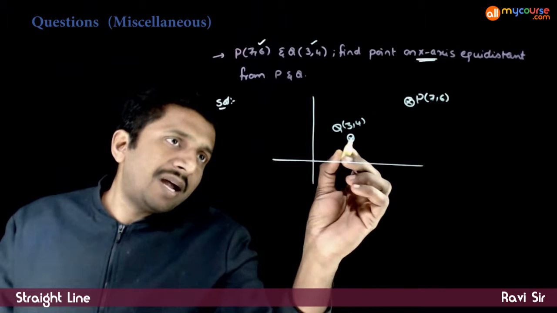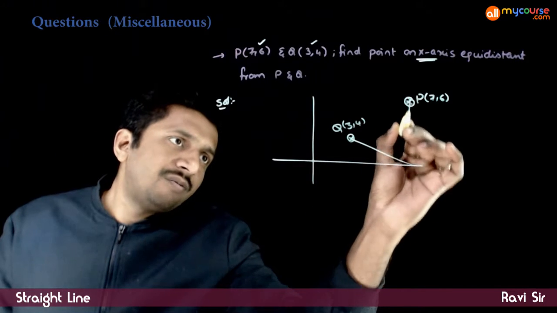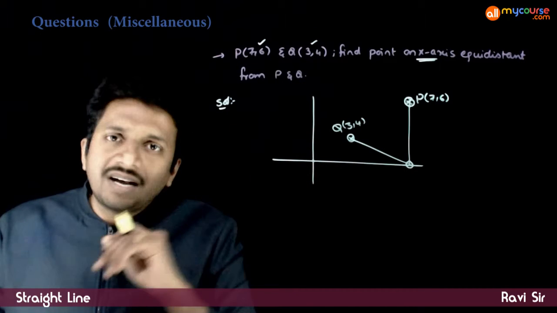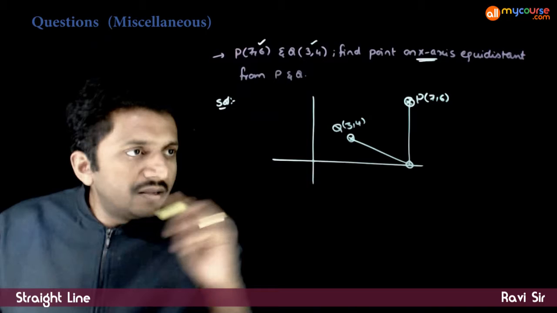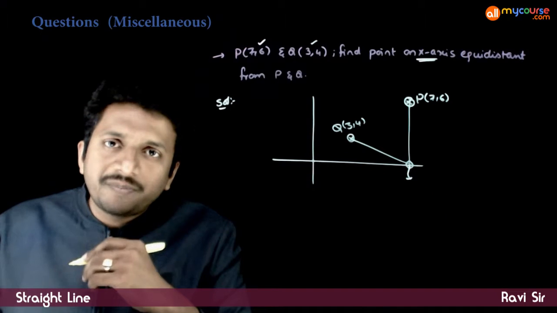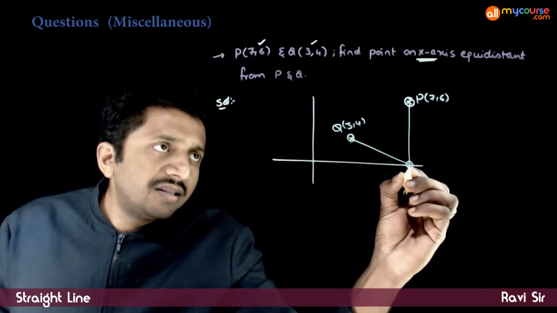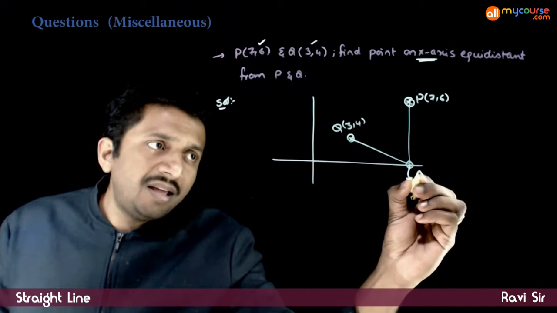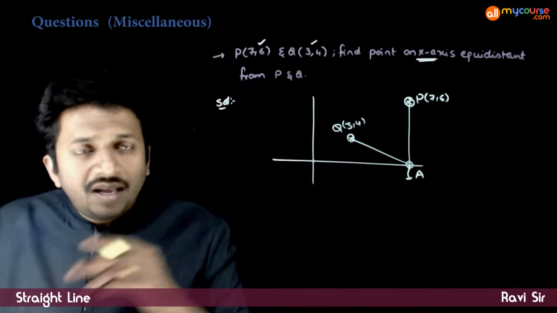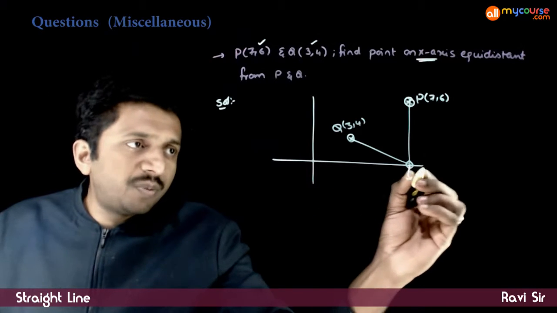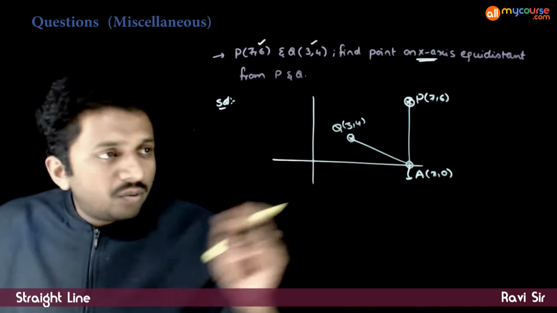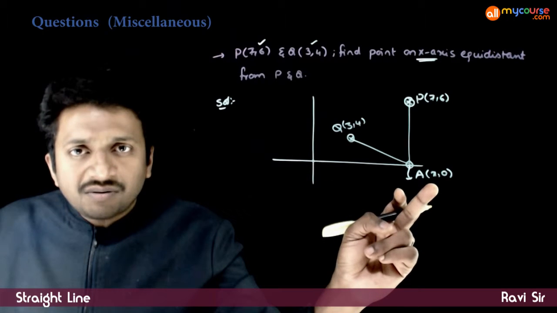That is, you might be asked to find a point something like this, such that this distance is exactly equal to this distance. So what are the coordinates of this point? Let us say this point is represented by A, and let the coordinates of this point be (x, 0). Why did I take this point as (x, 0)?